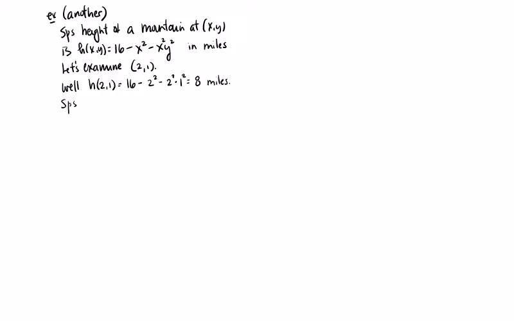Let's suppose we pick a unit vector, say 1 over root 2 i plus 1 over root 2 j. If we go in this direction, what's the height change?